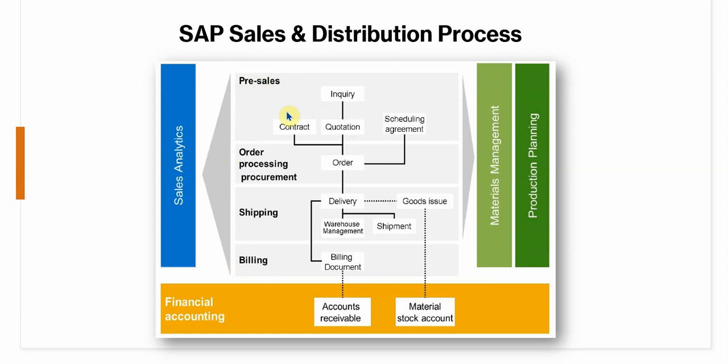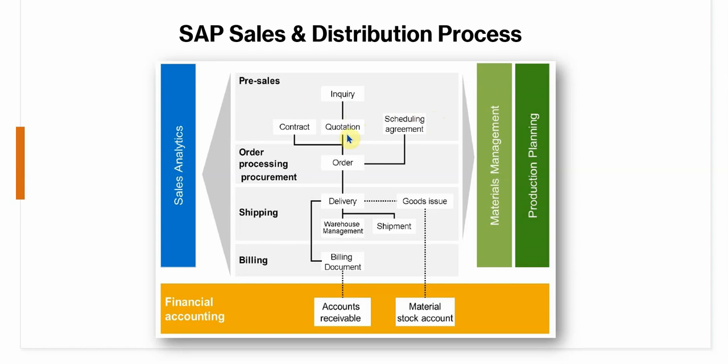You might put a contract in place with the customer for a certain value or quantities. You can also create a quotation with reference to inquiries, or set up a scheduling agreement where you have fixed quantities and dates where the customer wants a certain product to be delivered on certain dates and times in certain quantities.